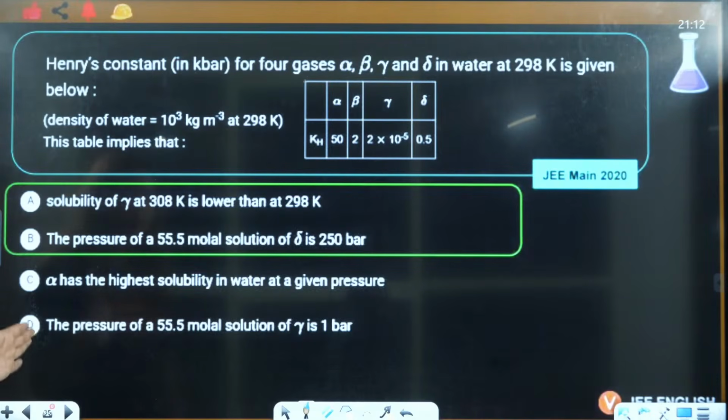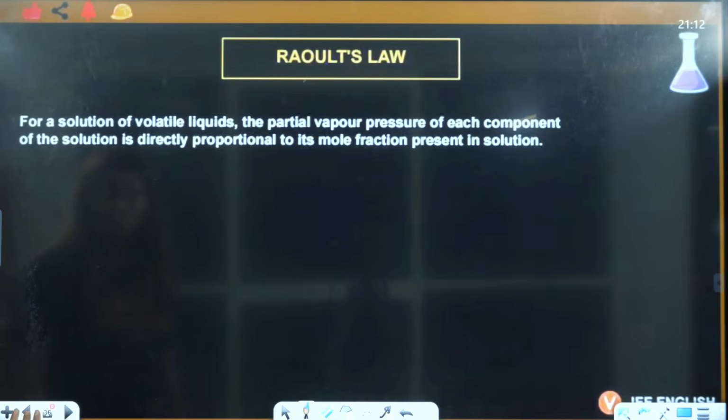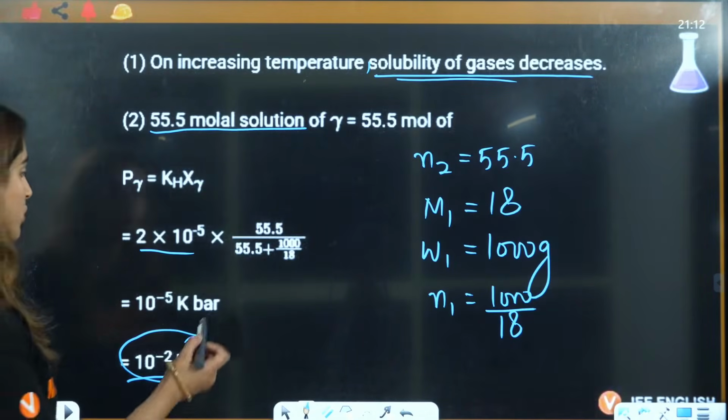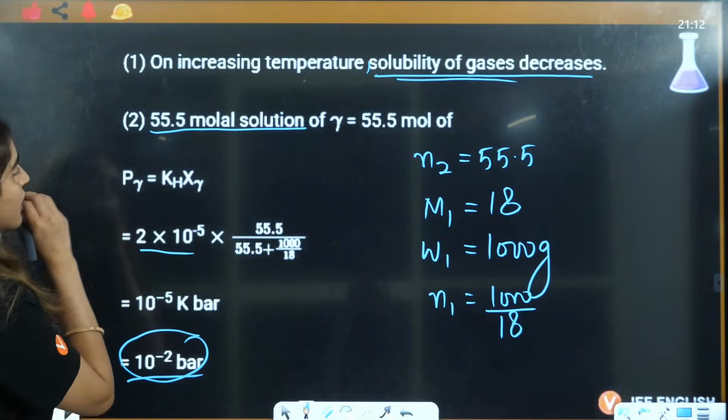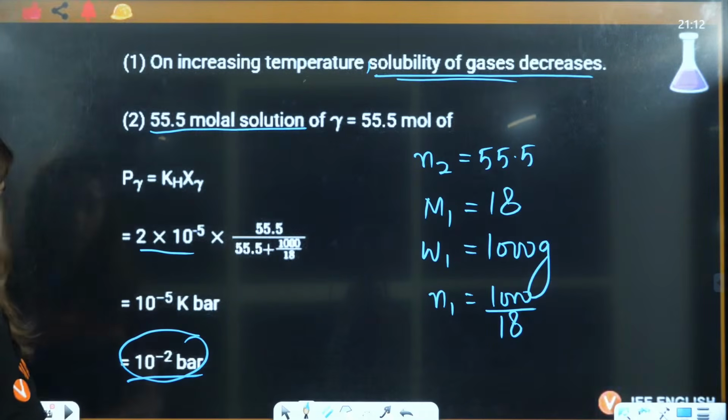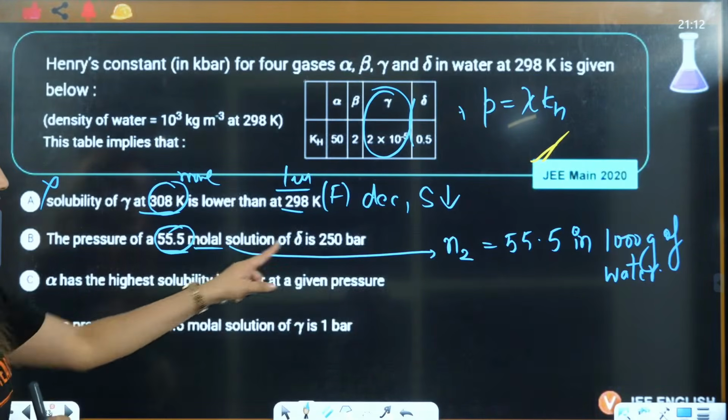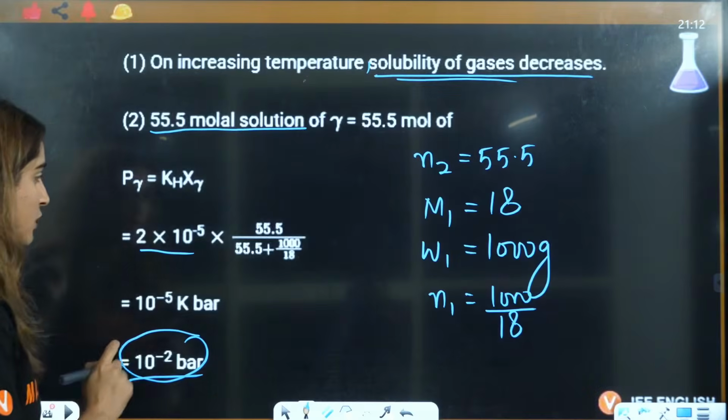The pressure of this is 1 bar. Here they are talking about delta, so we have to put the value of delta here, which is given as 0.5. So this is for delta they are asking, and that means my solution was wrong here.